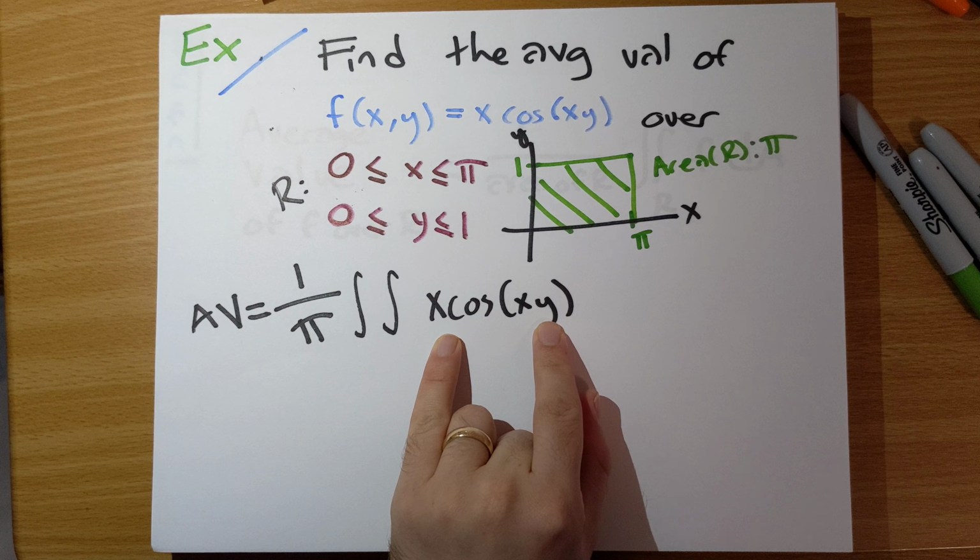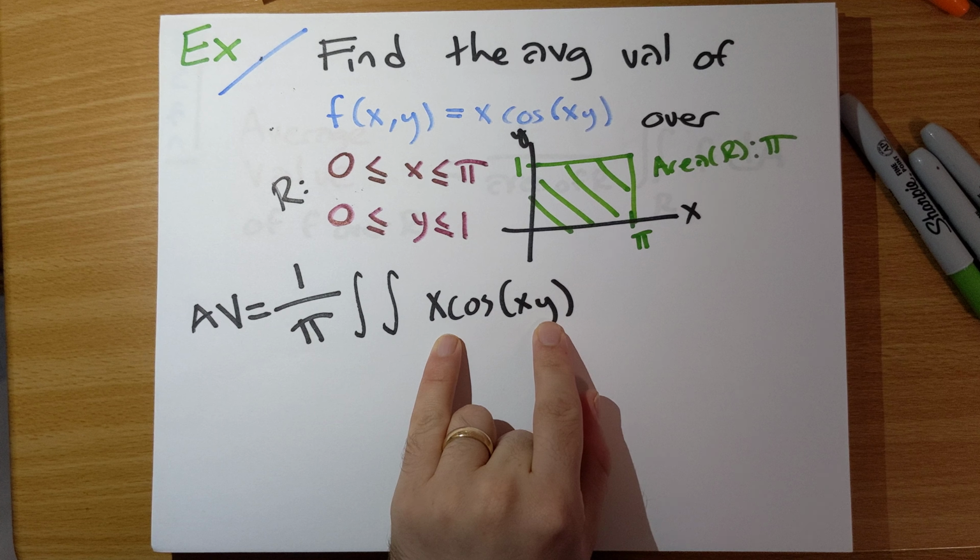Okay, so here is our iterated double integral for us to compute. 1 over pi times the integral as x runs from 0 to pi. The antiderivative of x times cosine of xy just ends up being sine of xy. Check that for yourself.